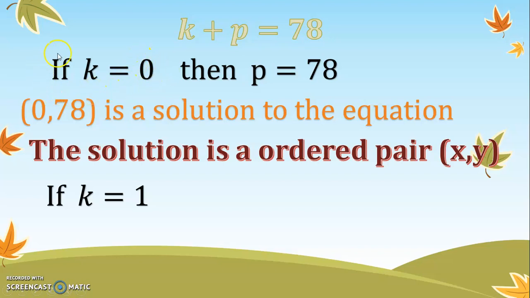In the first solution we assumed, we are just saying if k is 0 then p is 78. So what if k is 1?